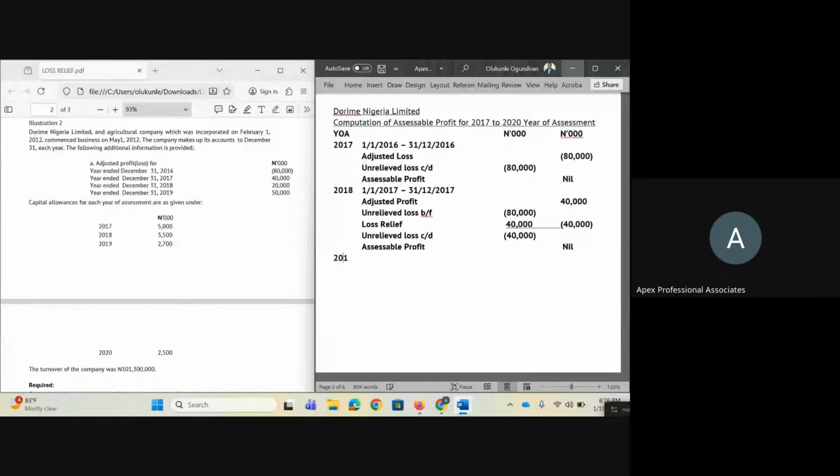Please, I beg you, if you've been struggling with capital allowance before, you've not understood the concept before, please try as much as possible to ensure that you are in that next class. Because that capital allowance, what I'm teaching you now, I said it's not going to come out in the exam. But these three topics, if we don't understand them very well, they will give us problems when we are doing our next topics.